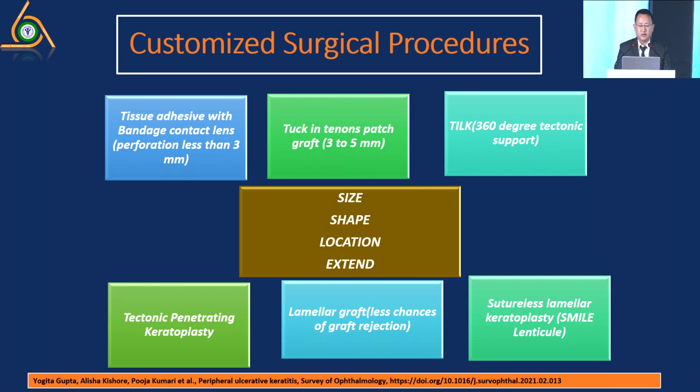Tuck-in lamellar keratoplasty gives 360-degree tectonic support. We also have tectonic penetrating keratoplasty for large perforations. Lamellar graft has a lesser chance of graft rejection, which is also important to know. And also there are the various sutureless lamellar keratoplasty techniques using SMILE-generated lenticules.